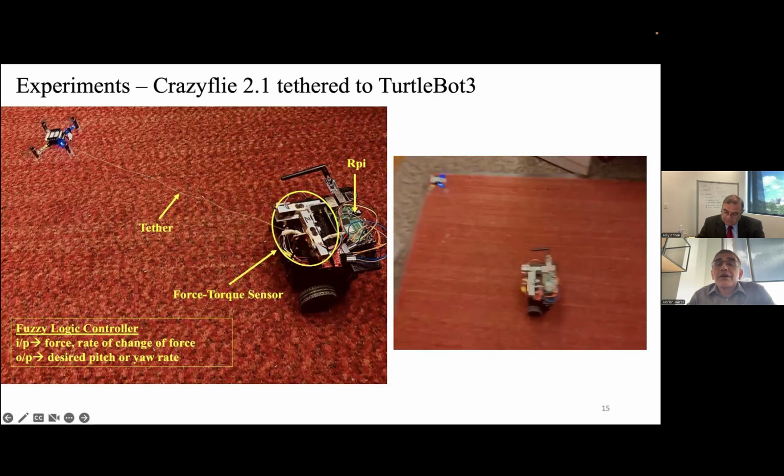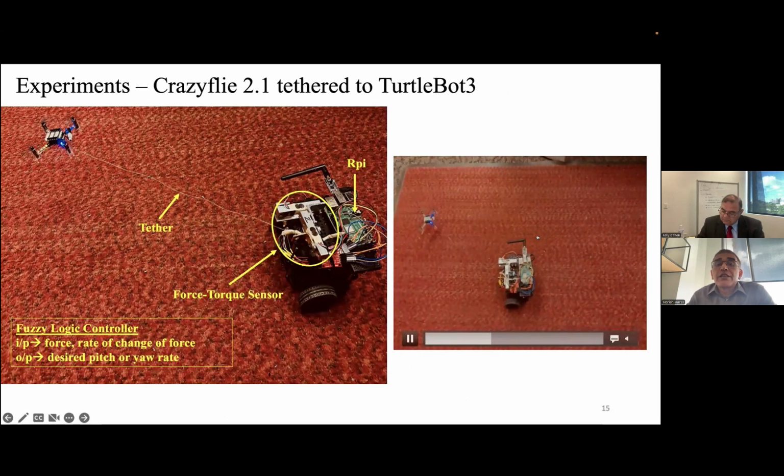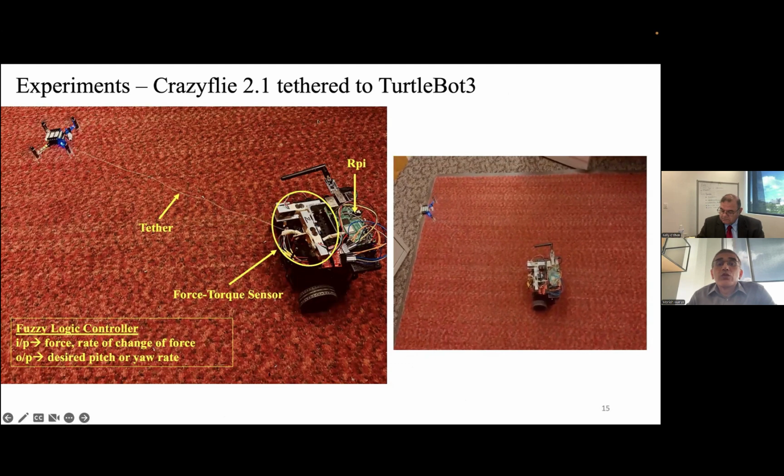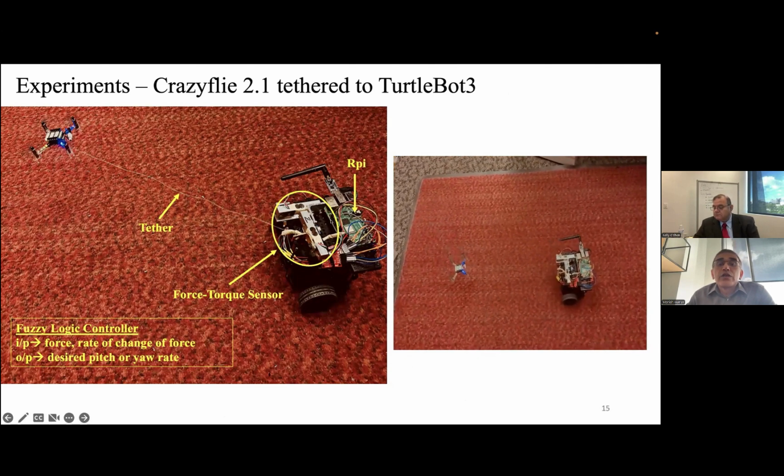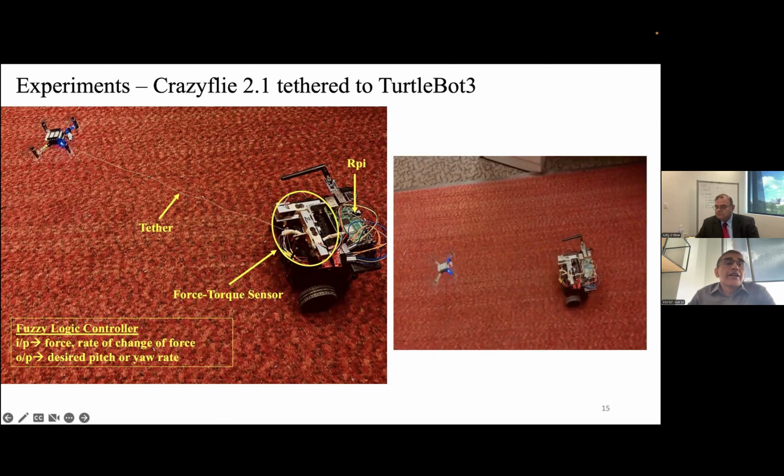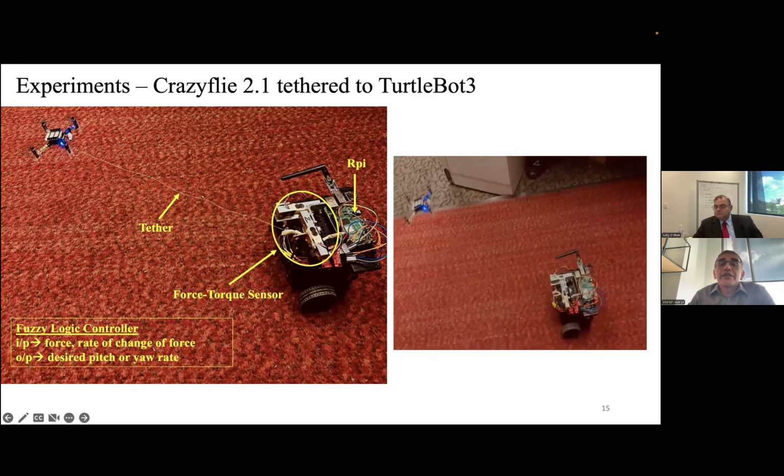Additionally, we did some experiments, and it was interesting. We used a Crazyflie 2.1 attached to a TurtleBot 3. If you know the Crazyflie, it is a very small drone, so small that it doesn't have the capacity to even hold a force torque sensor.